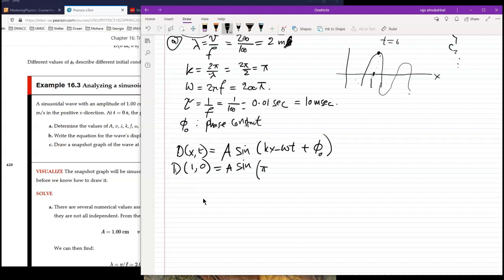So that's pi x, and x is what? 1. Minus omega, which is 200 pi, times what? 0, right? Plus phi naught. There we go. So, now what is this value?